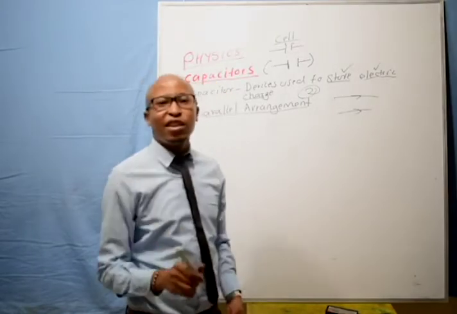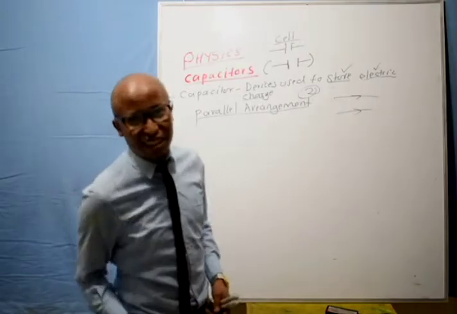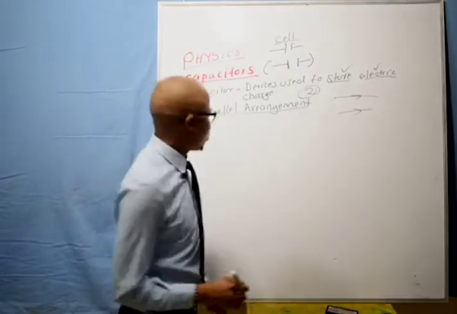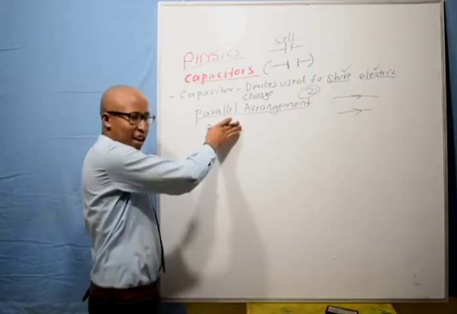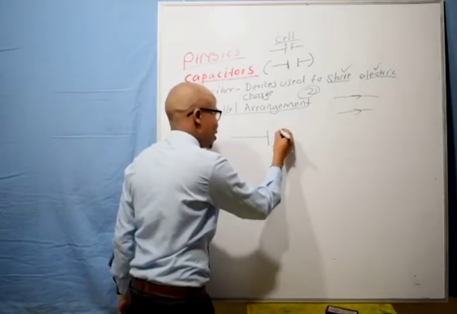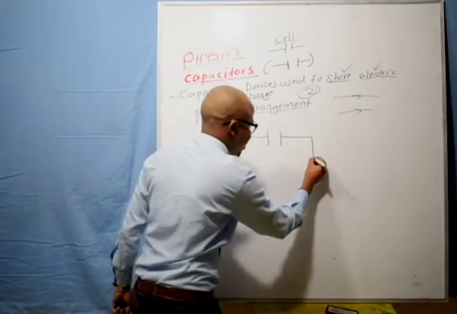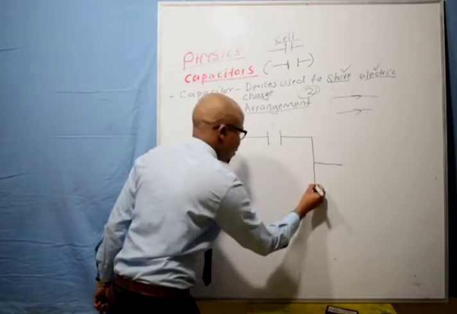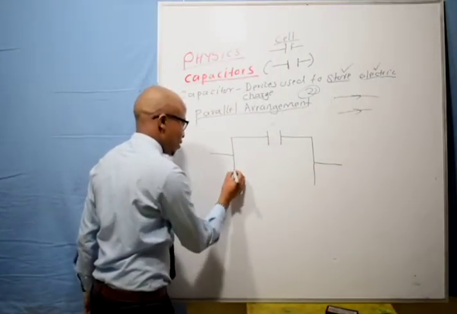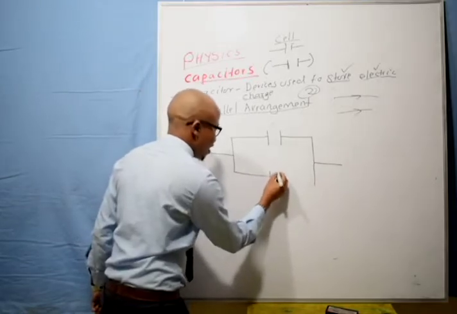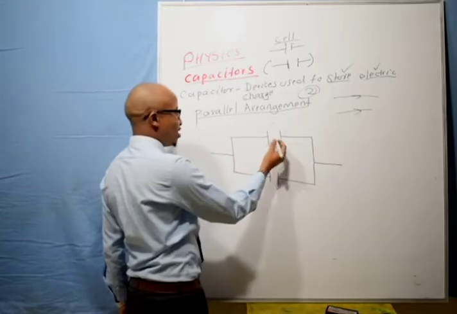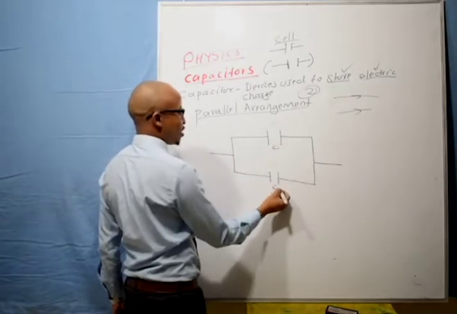Leave about what you are thinking. What about accidents? No, this time we are not going to focus on that. So let's go direct to the parallel arrangement. Number 1, you can have a capacitor here, then you have another capacitor here. For example, this capacitor is C1 and this capacitor is C2.